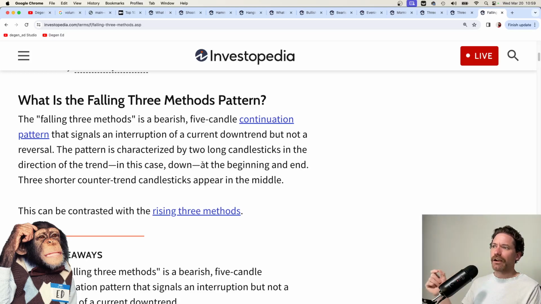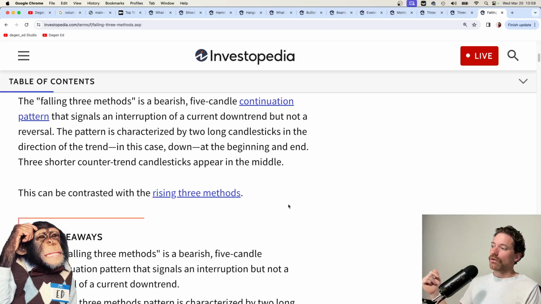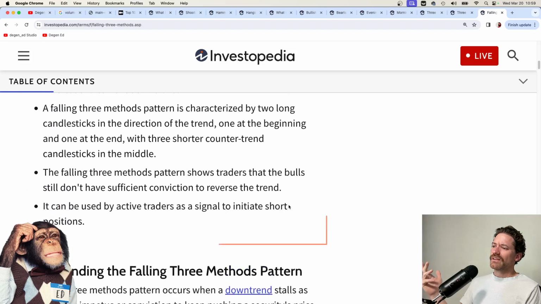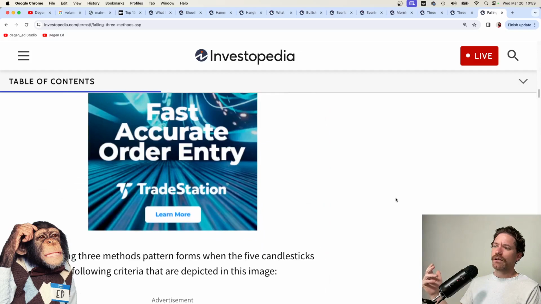The pattern is characterized by two long candlesticks in the direction of the trend, in this case down, at the beginning and end. Three shorter counter-trend candles appear in the middle, and then this would be followed by a red, basically engulfing candle of those. Let's just look at the example. I'm pretty sure they have one down here.